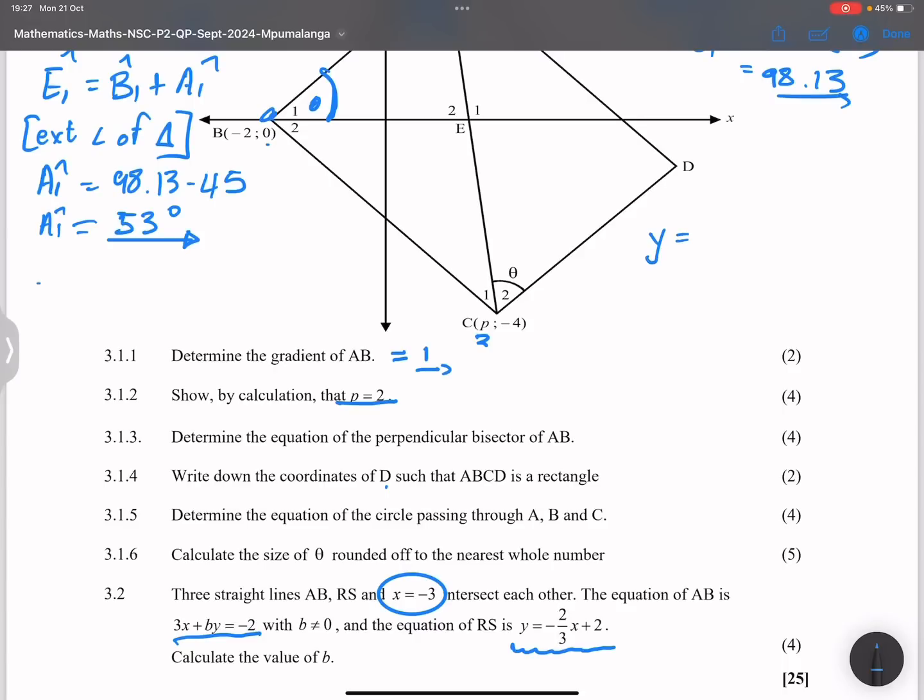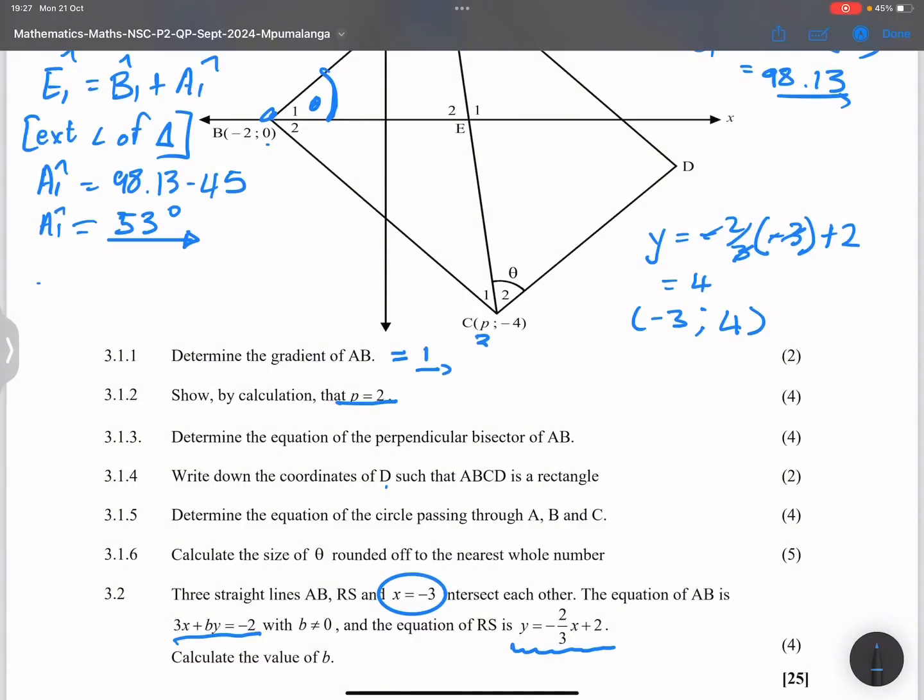That's minus 2 over 3 times that negative 3 plus 2. Okay, so negative times a negative becomes a positive. The 3 cancels with the 3 there, so 2 plus 2, that would be 4. So the graphs intersect where x is negative 3 and y is equal to 4.